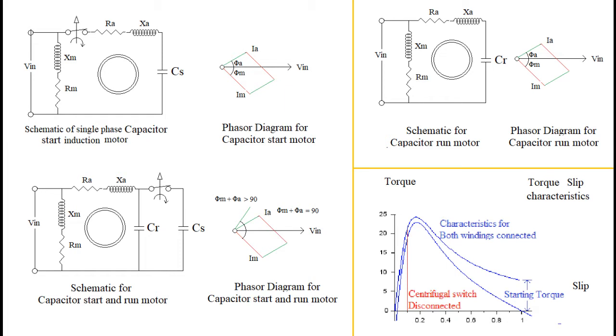The second way of increasing the angle between the two currents to get higher starting torque is to reduce the angle of lag for the auxiliary current. For achieving this, a large resistance is connected in series with the auxiliary winding, and the inductive reactance is kept low.